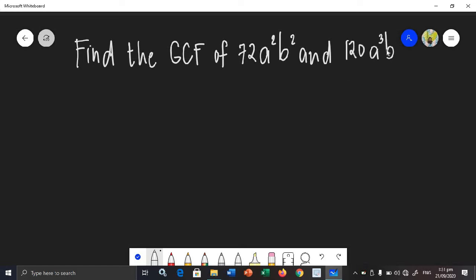Okay, we will be looking for the GCF of that. So, of course, first of all, we need to look for the GCF of the numerical coefficients. This 72 and 120. So, if you're going to list all the factors, so we need to list all the factors kapag hindi nyo pa kabisado how to get the GCF na tinitingnan lang. So, solution dyan.